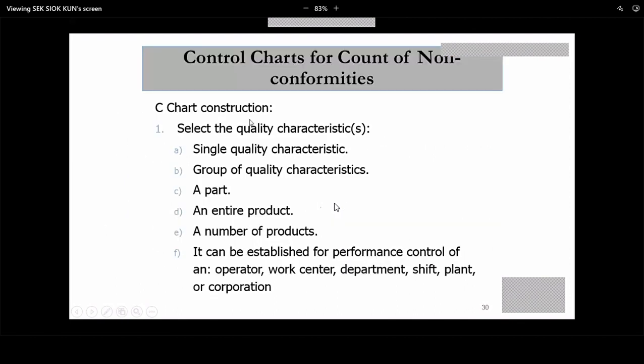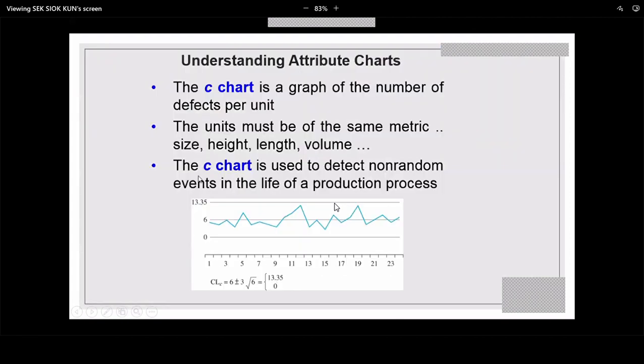So, the C chart. These are the steps. The C chart is a graph of the number of defects per unit.